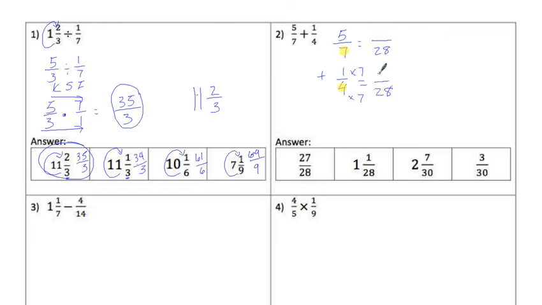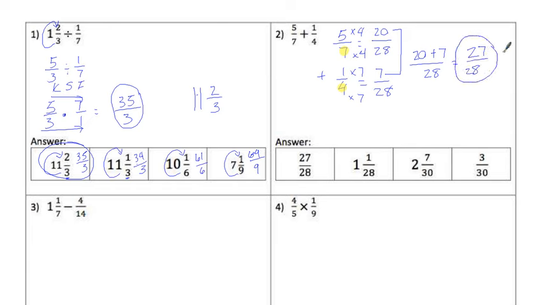So we're going to multiply the top number by 7. And then 7 times 4 is 28, so 5 times 4 would be 20. Look at the numerators. It's an addition problem, so we're going to add them together. And we get 20 plus 7 gives you 27 over 28.